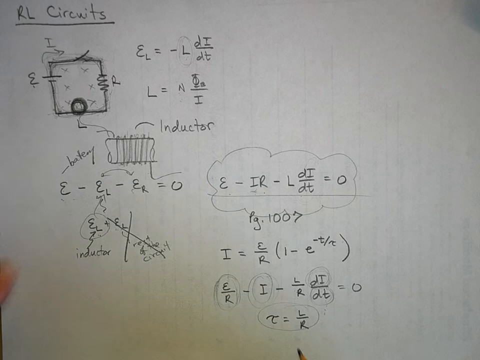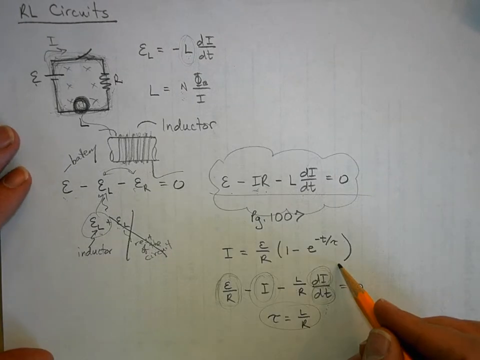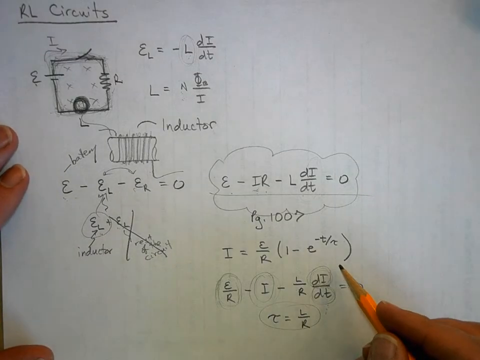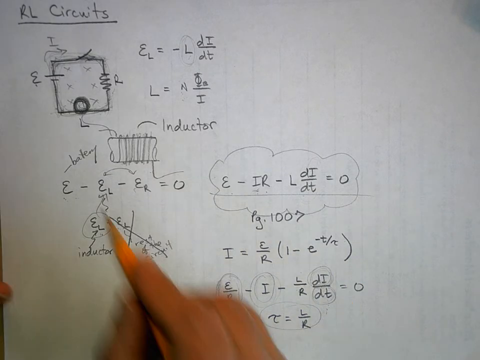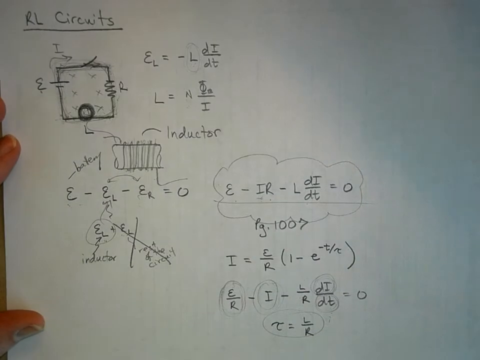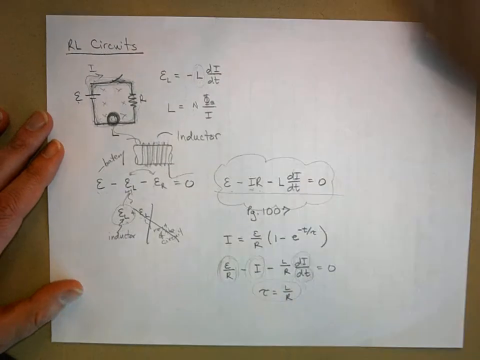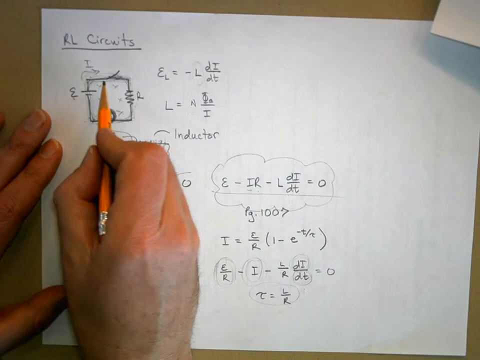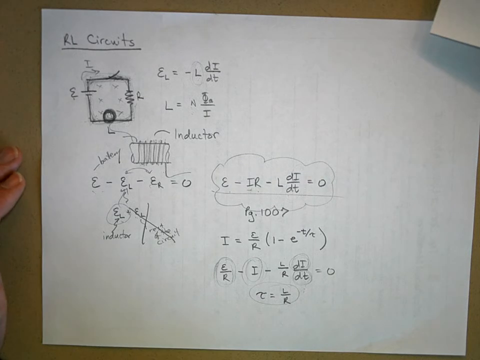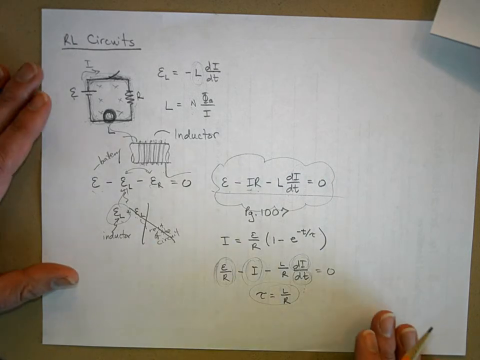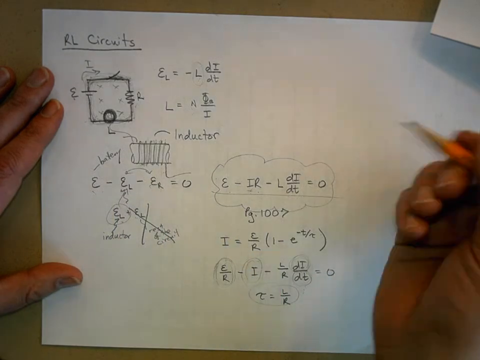So this equation is for when you close this switch. Let me zoom all the way out. You guys will just have to squint. When I close this switch right here, this is what you get. But, by the way, here's how I'm going to redraw this circuit.